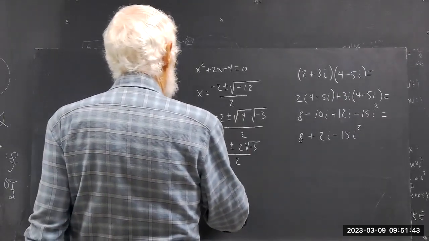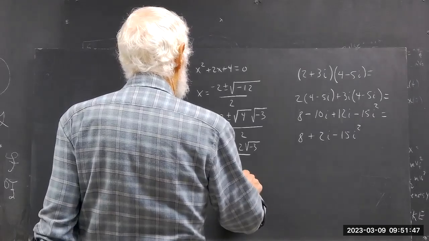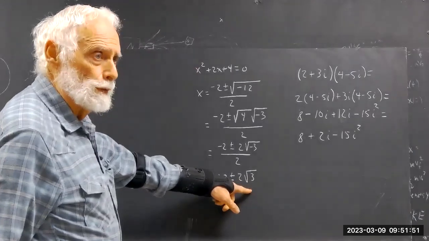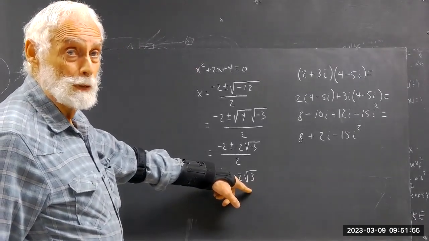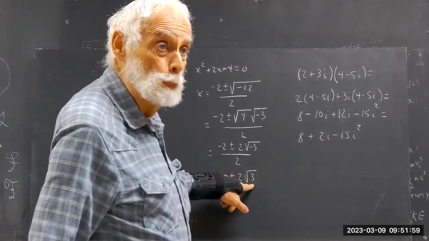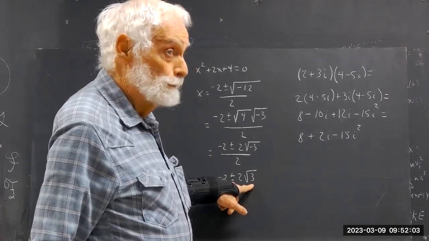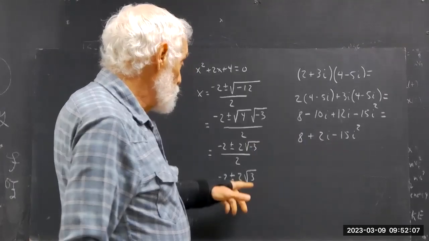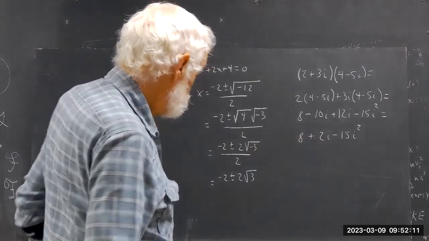So what we do is we say, well, that's minus 2 plus or minus 2 times the square root of 3. We don't know exactly what the square root of 3 is, but it exists. If you multiply 1.7 by itself, you get 2.89, a little less than 3. Multiply 1.8 by itself, you get 3.24. So the square root of 3 is somewhere between 1.7 and 1.8.